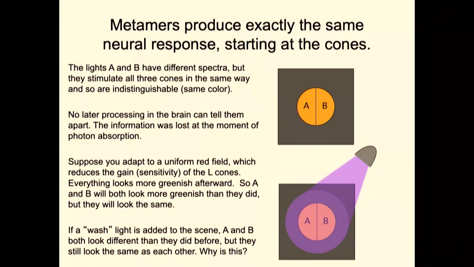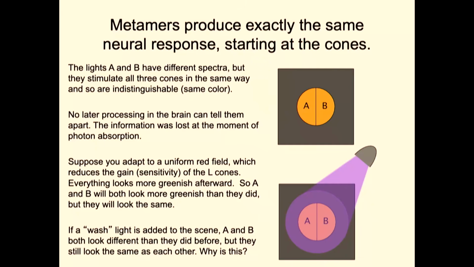So here are some puzzles to think about. So suppose you adapt to a uniform red field. So I show you a big sheet of red and I make you look at it for a minute, like we sometimes do in this class. Okay? That will reduce the gain, the sensitivity of the L cones. Okay? And the consequence of that is that if you then go around and look at some other stuff, everything will look a bit more greenish than it normally does. Okay?